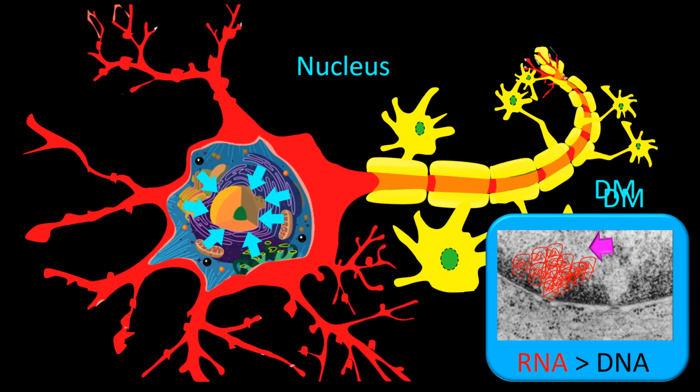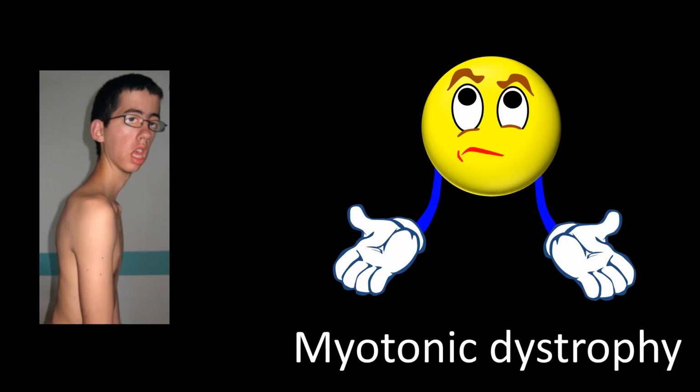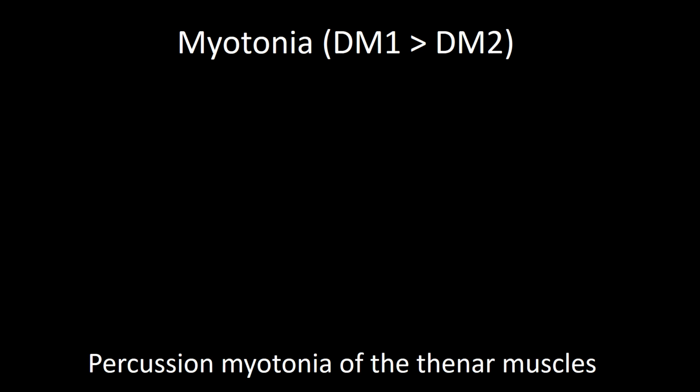This pathophysiological mechanism explains why this condition affects so many systems. Most cells have a nucleus, and this RNA abnormality is present and significant in most cells. So why do we call this condition myotonic dystrophy? Because in all myotonic dystrophies, percussion myotonia is a prominent finding.